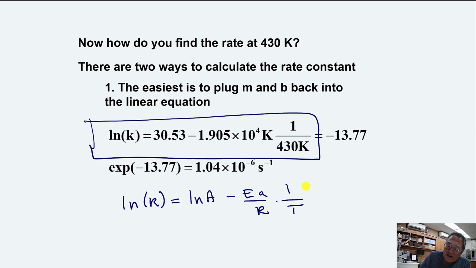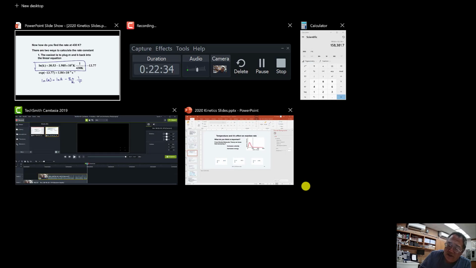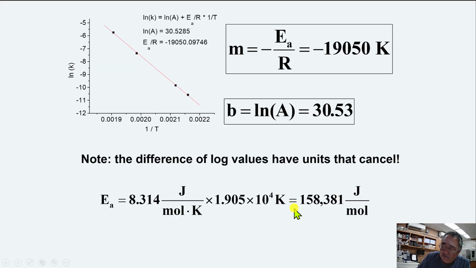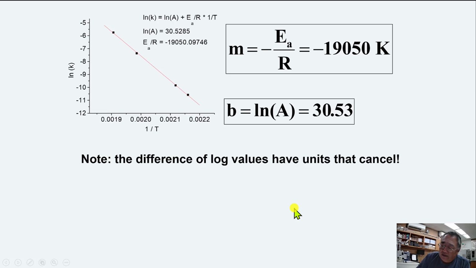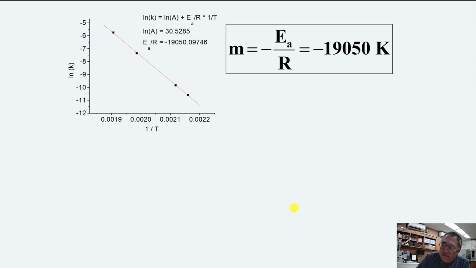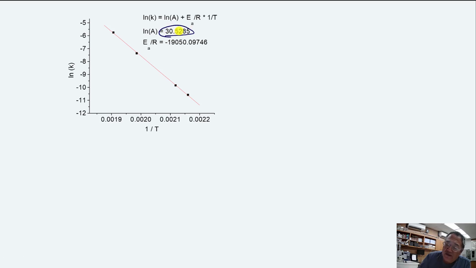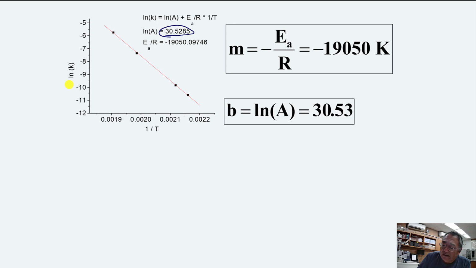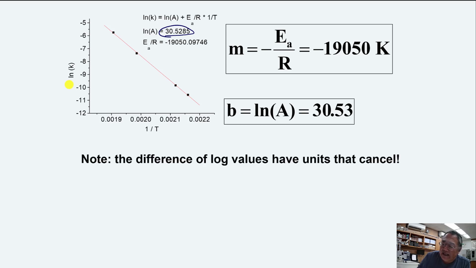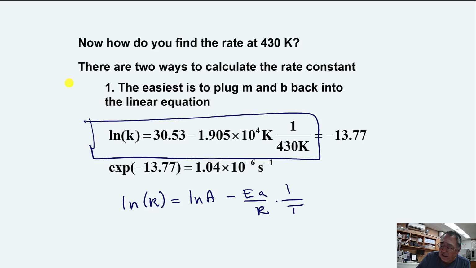When I did my linear regression, oh, sorry, I meant to go backward a slide. Oh yeah, here it is. It actually gave me this value. So I just plugged in my minus EA over R, my slope. That's this value here.